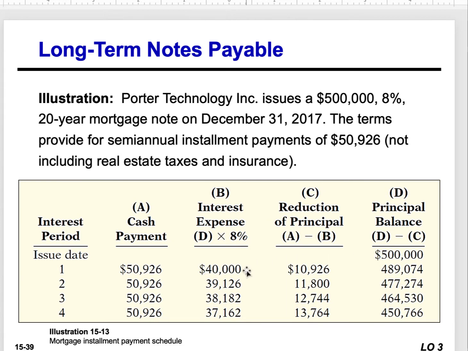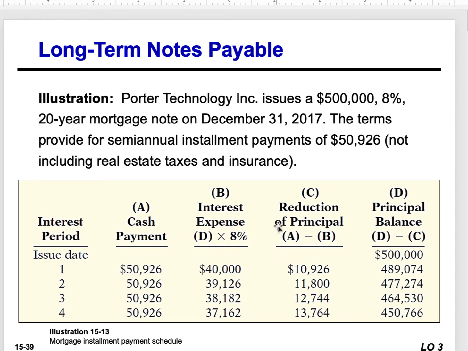So we take $500,000 times 8%, we get $40,000. That means that of that first installment payment, $40,000 of that $50,926 was interest.